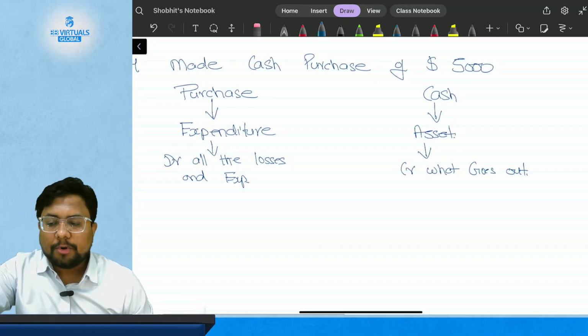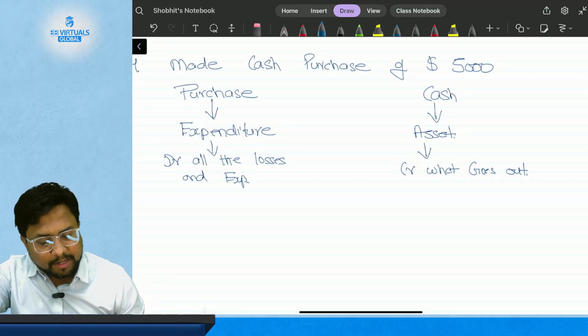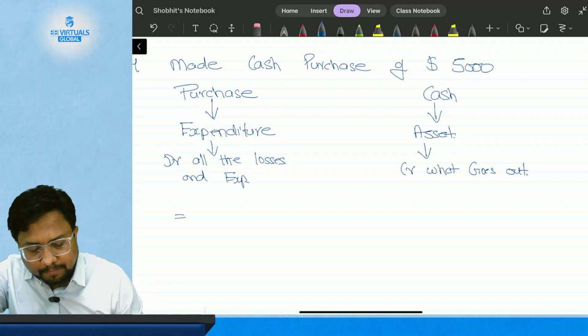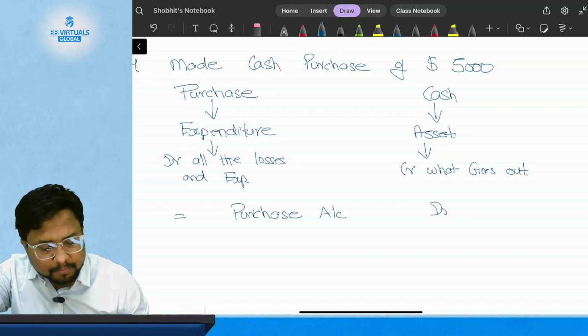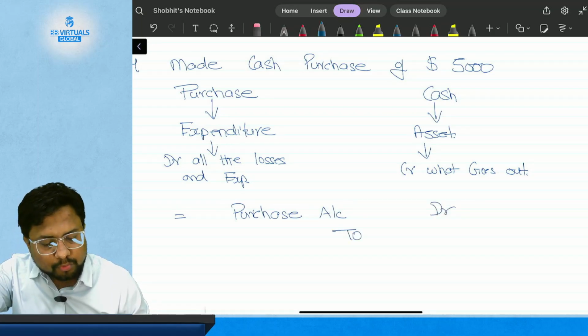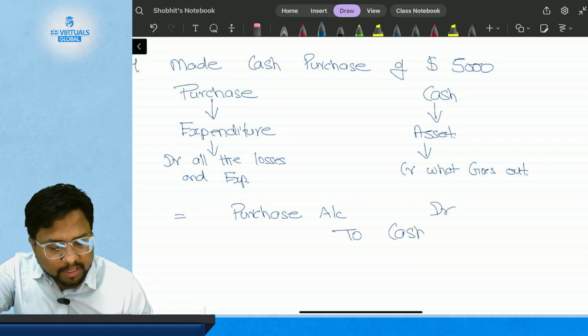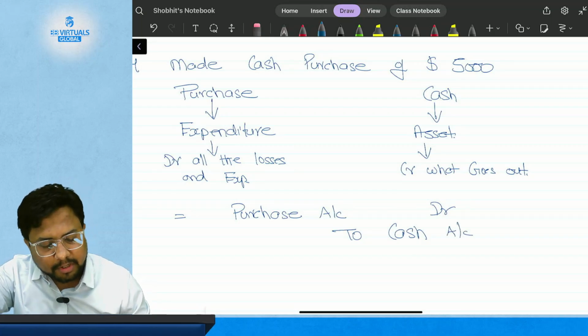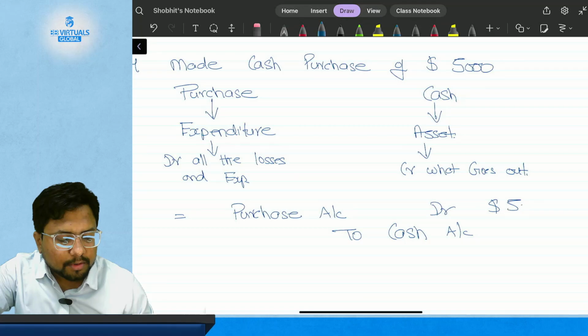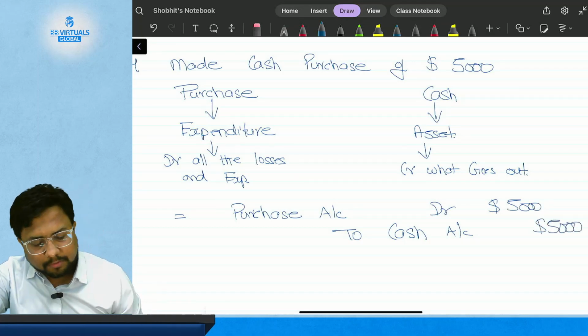Now if we do the entry based on this, first I will do the debit. My debit will be the purchase account, debited to the cash account, because purchase was debit, cash has to be credit, of $5,000.